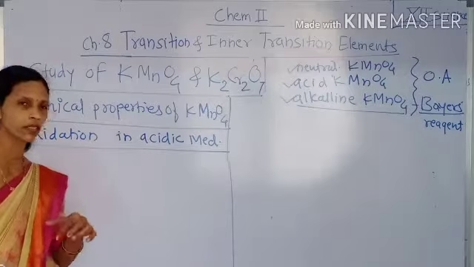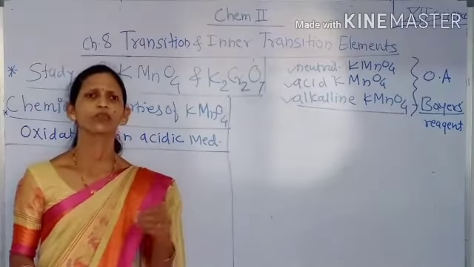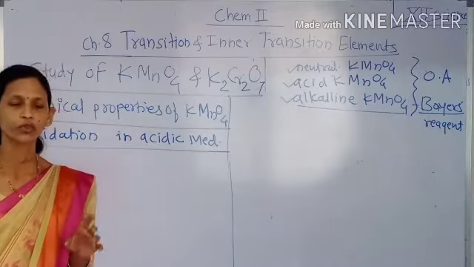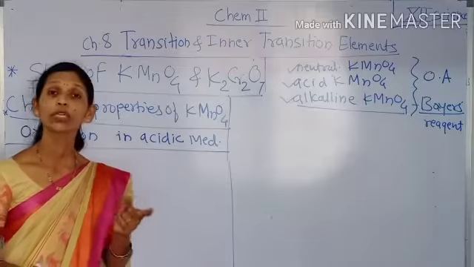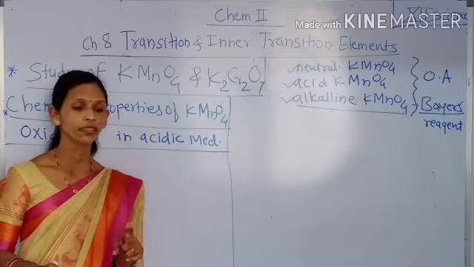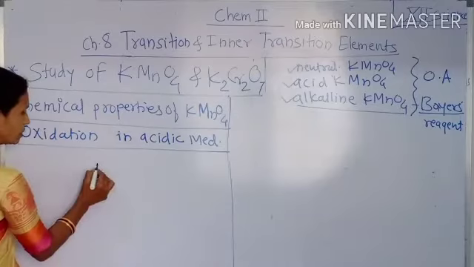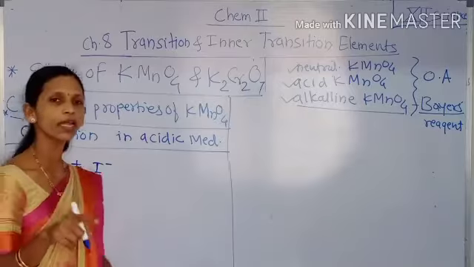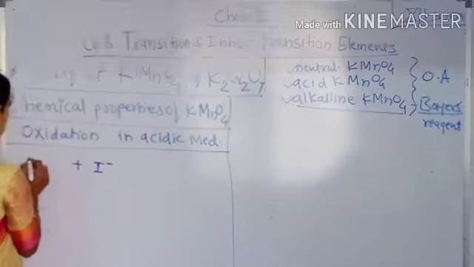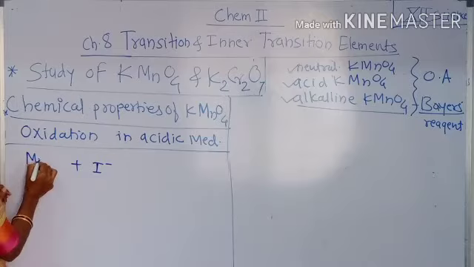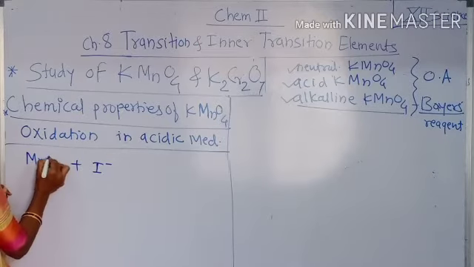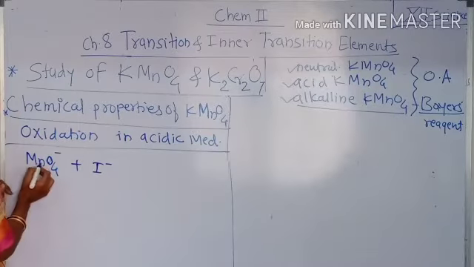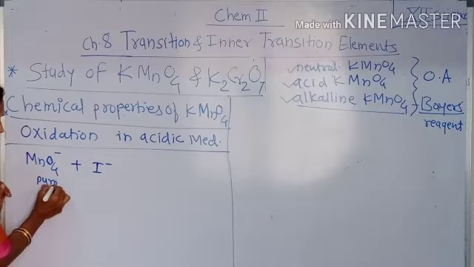First of all, see here, any iodide solution, that is potassium iodide or sodium iodide, which is colorless in nature, contains I- ions, which get oxidized by potassium permanganate. Potassium permanganate contains MnO4- ions, the permanganate ion, which is purple in color.